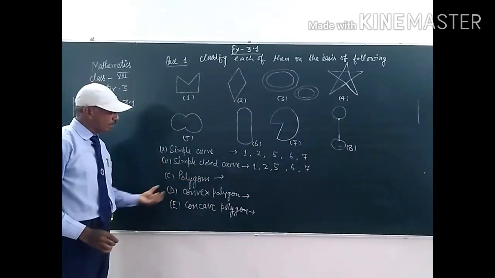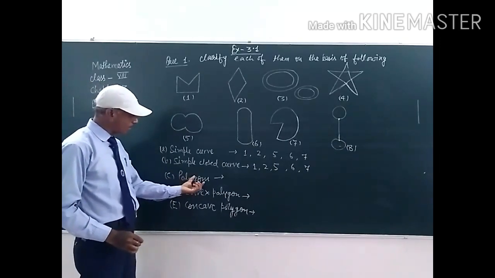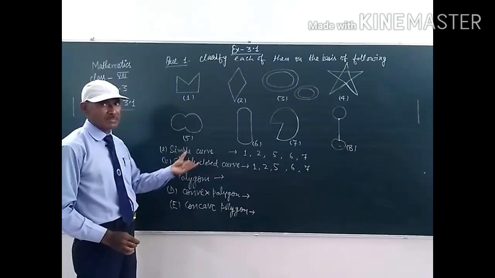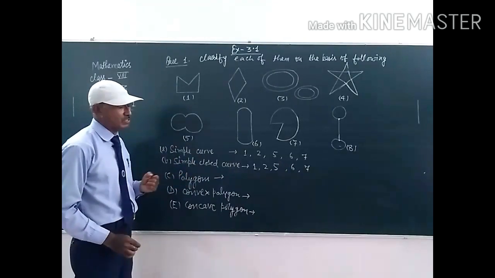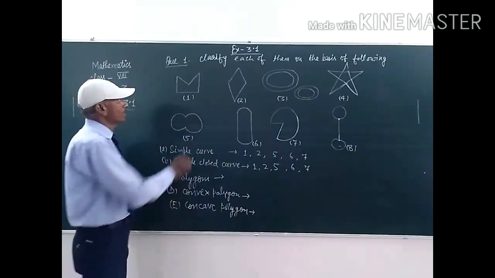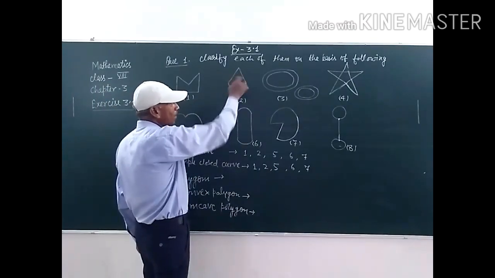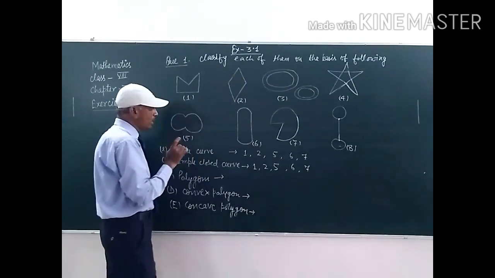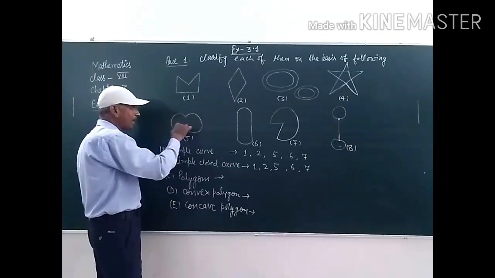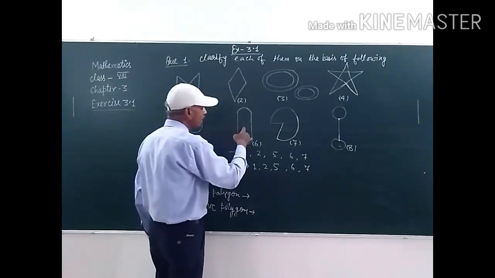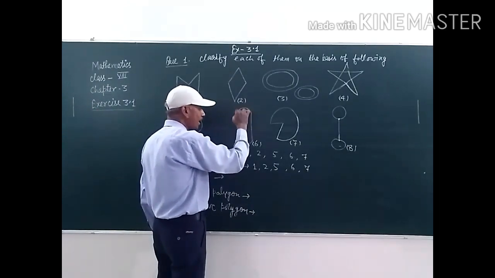Now, polygon. Students, you know that polygons are simple closed curves made up of line segments, made up of straight lines only. So, figure number 1 and figure number 2 are made up of line segments. And this is a curved line, students. So, it is not a straight line, and in this figure there is a curve.